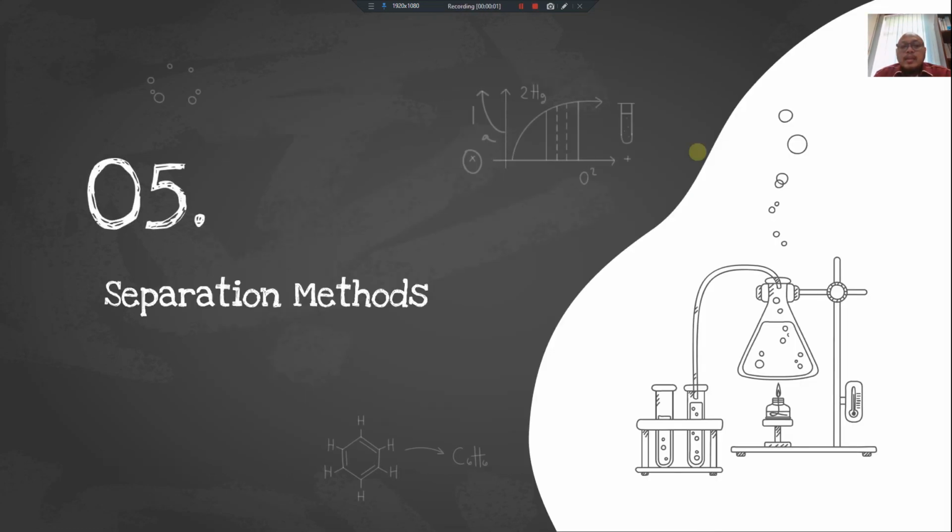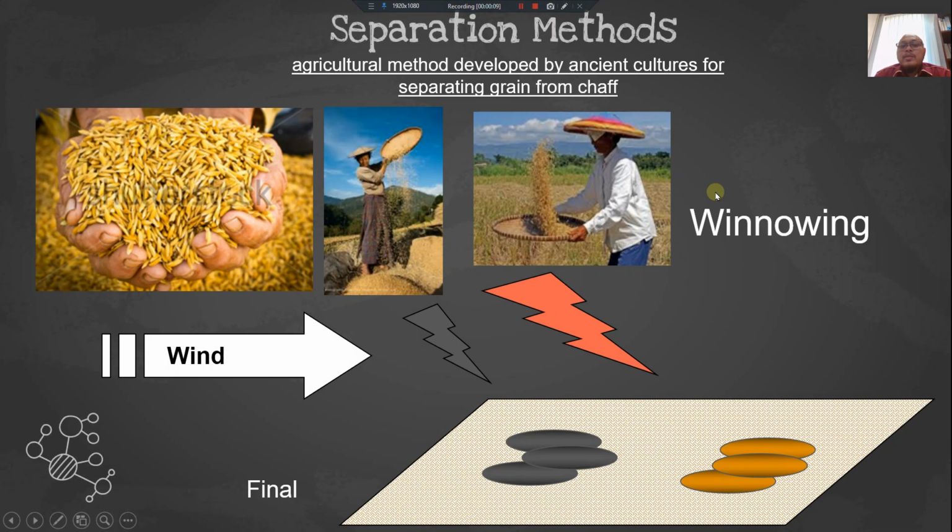Alright, let's look at outline number 5 for the first chapter, which is the separation methods. Here is an example where we apply a mechanical driving force to separate the thing that we want to separate.